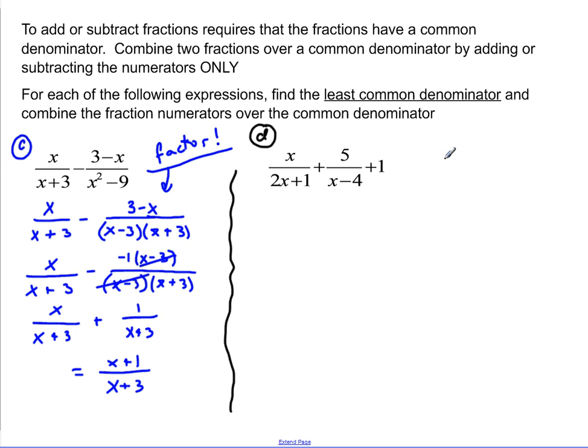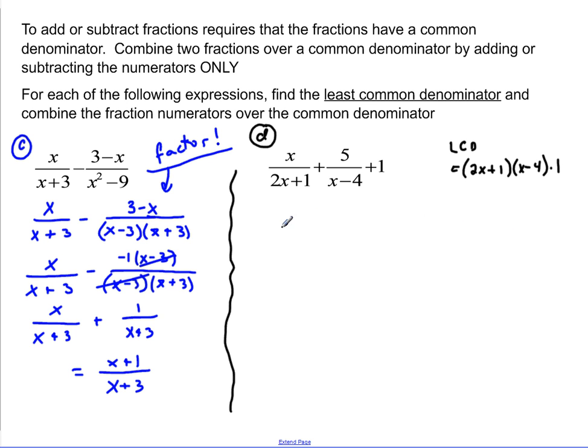So what is our least common denominator? Looks to be the quantity 2x plus 1 times the quantity x minus 4 times 1, right? Because this last fraction is really 1 over 1.